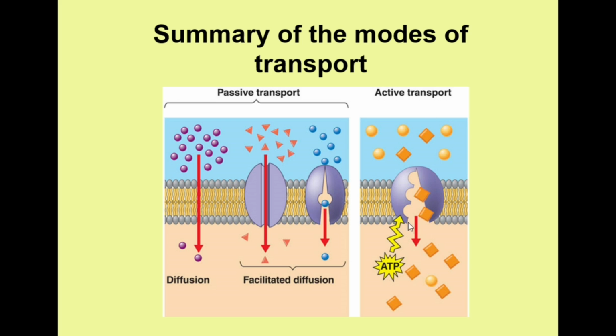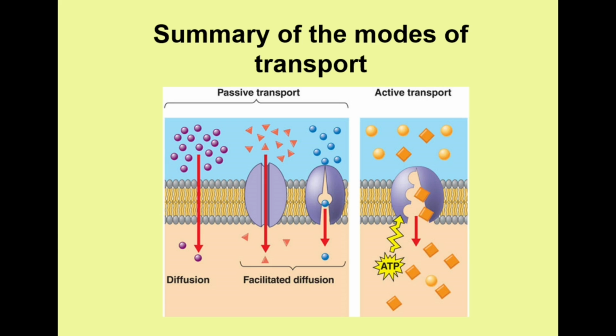And then here we've got active transport. I just gave you the example of the sodium-potassium pump that we find within our nervous systems. The key to active transport is we are moving things against the concentration gradient, so from an area of low to an area of high concentration.